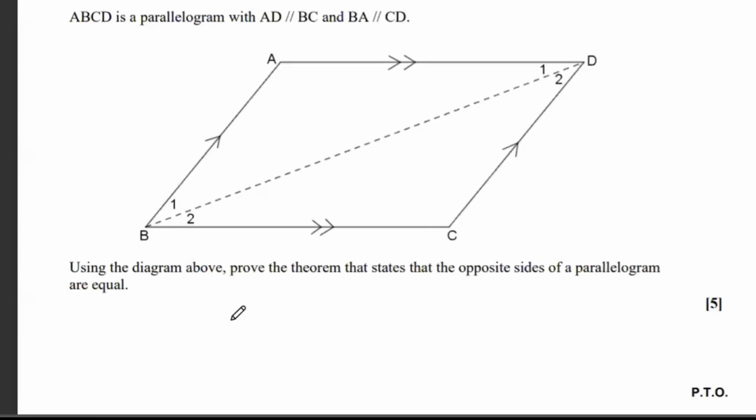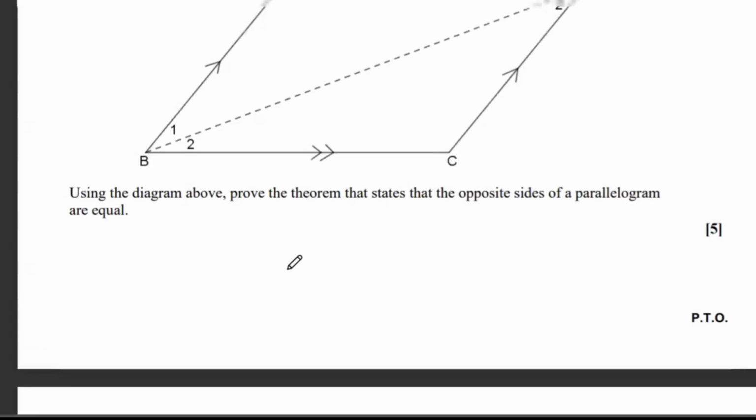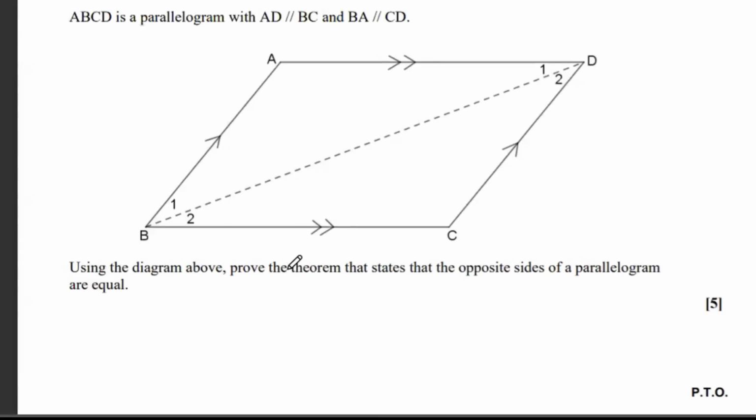In cases like this, there will be no need for construction since it's already been done for you. What we need to do is prove that this triangle and this one are congruent. We need to prove that the triangles are congruent since we need to prove that the opposite sides are equal.